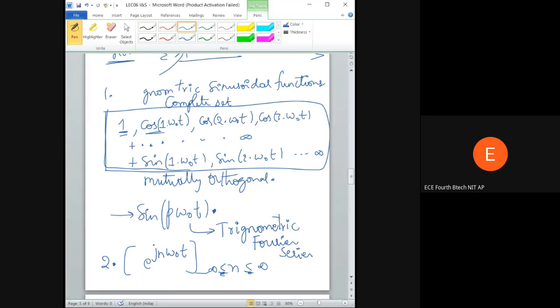This complex exponential set also forms a complete set which is mutually orthogonal, and hence you can use it to represent any signal within the time limits t1 and t2, like another coordinate system. From this we obtain the complex Fourier series.